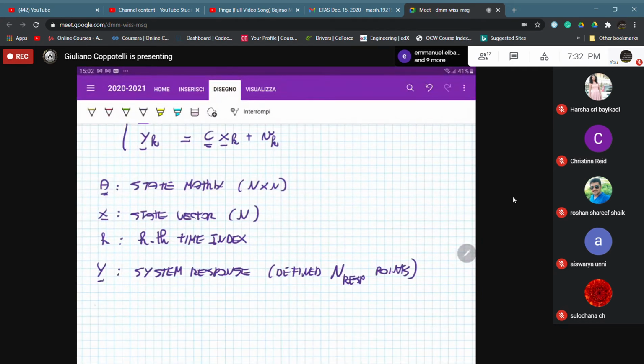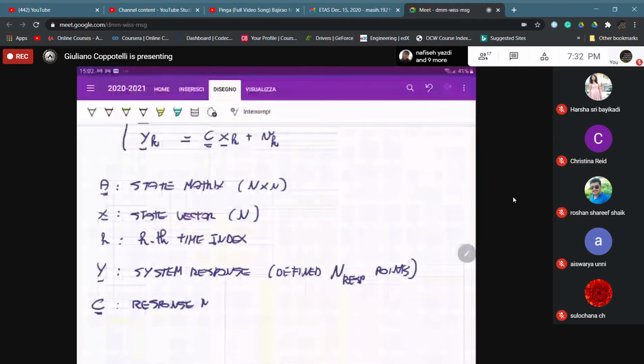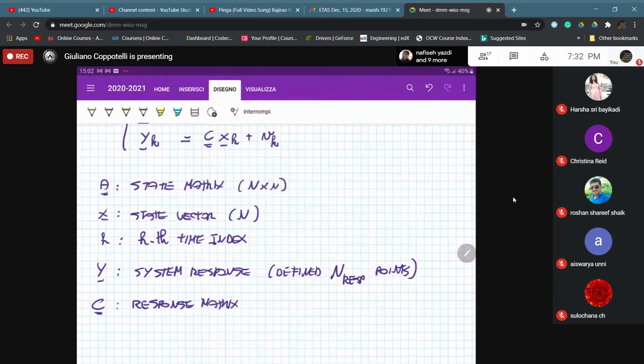C is the response matrix, dimension is n_rest times the dimension of the vector.